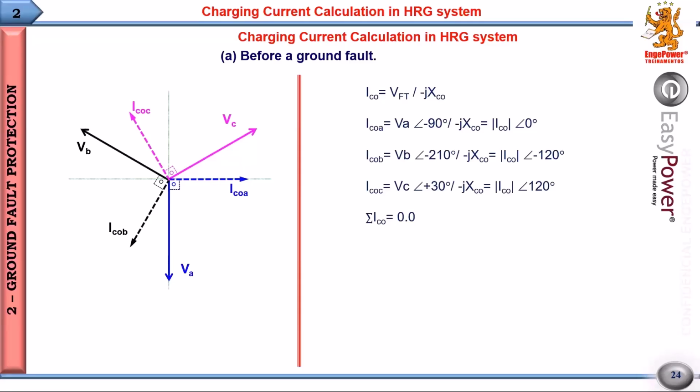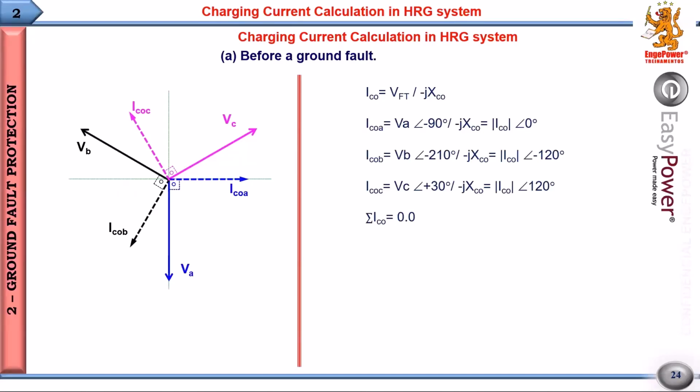Minus j is the same as minus 90 degrees. That, when it goes to the numerator, changes to plus 90 degrees. Plus minus 90 degrees, the charging current for phase A is at a phase shift angle of 0 degrees.